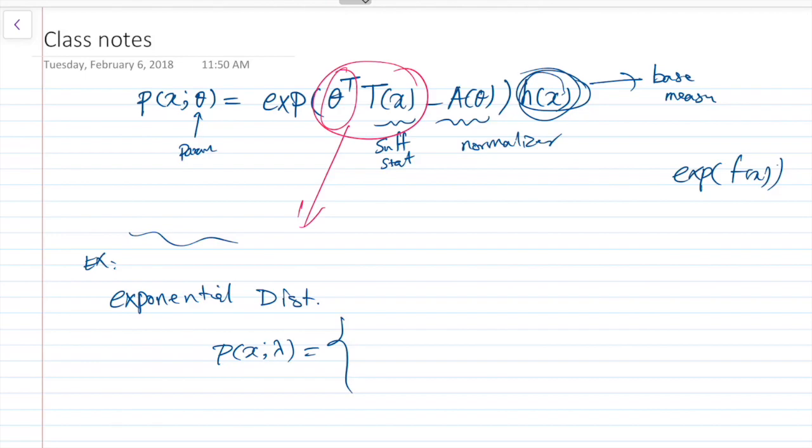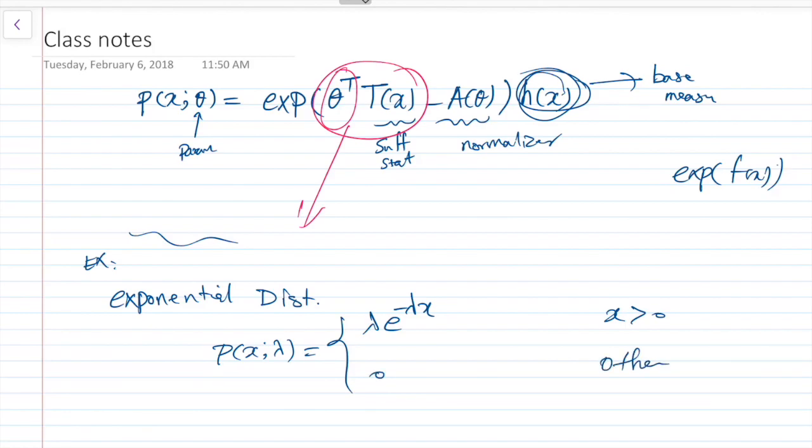It's lambda e to the minus lambda x. You need a lambda here too. And this is for positive, negative, all over the place? What is it? So x should be what? Positive, exactly. x should be positive, otherwise you cannot integrate it. And 0 otherwise.